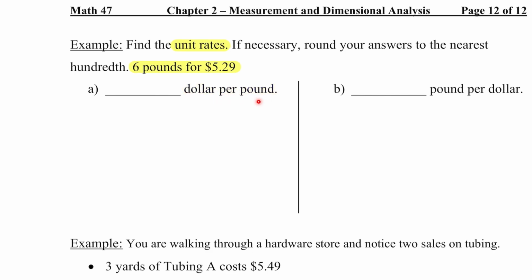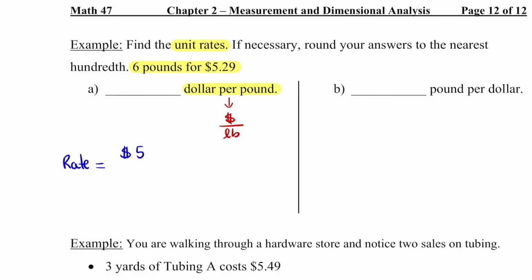Dollar per pound means dollar over pound. This is telling you how to set up your fraction. So I'm going to set this up as $5.29 over 6 pounds because they want dollar over pound.